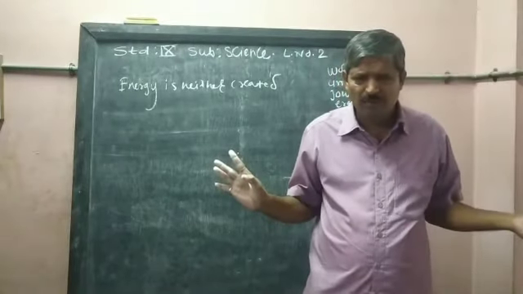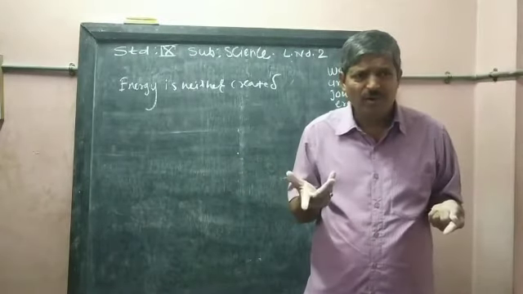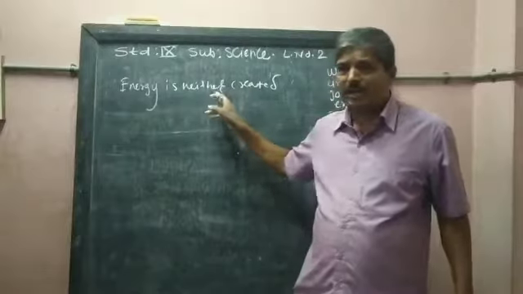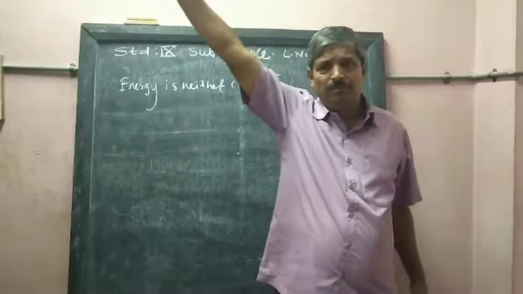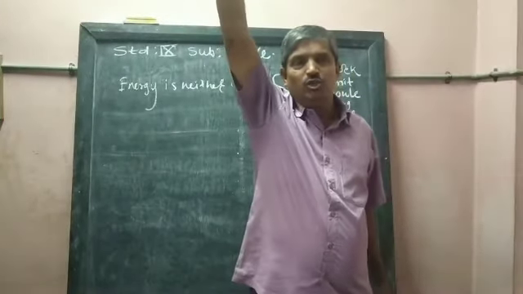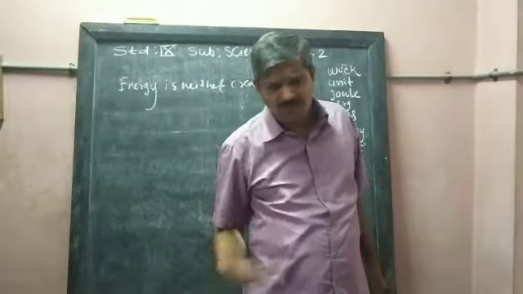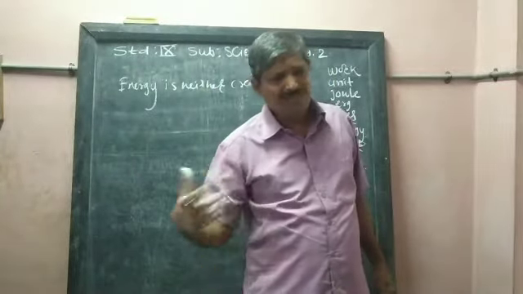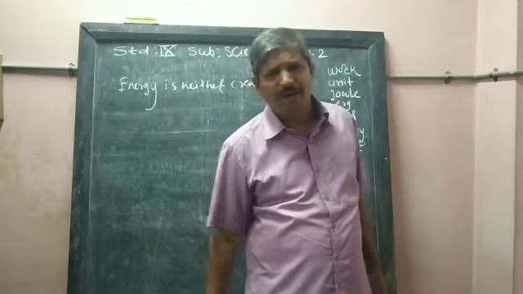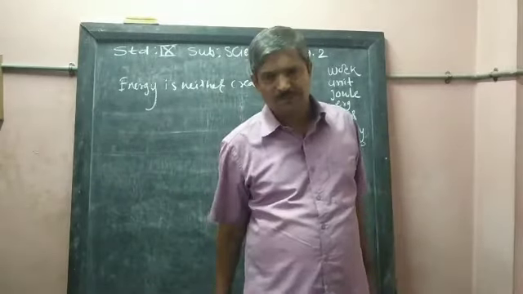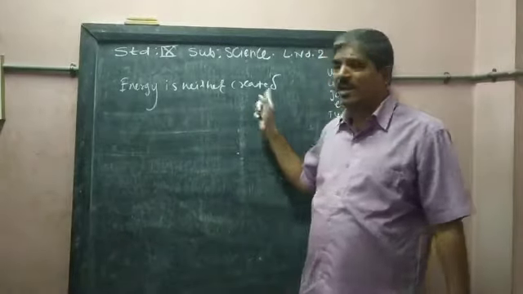No, not possible. We do not create the sun, and we do not decide whether rain should come or not. Rising sun, setting sun, it is not in our hand. So energy is neither created.